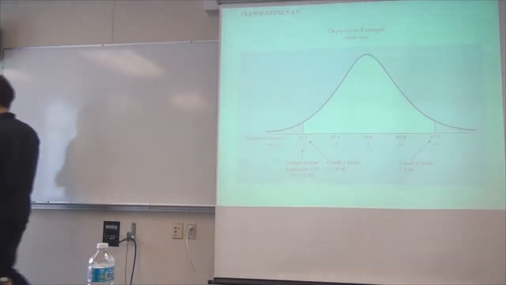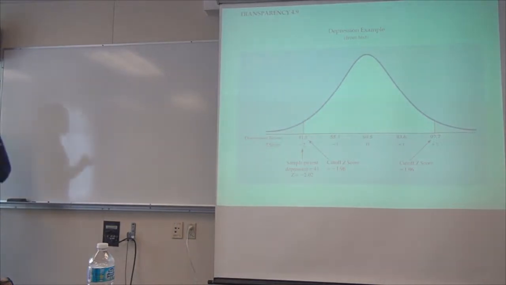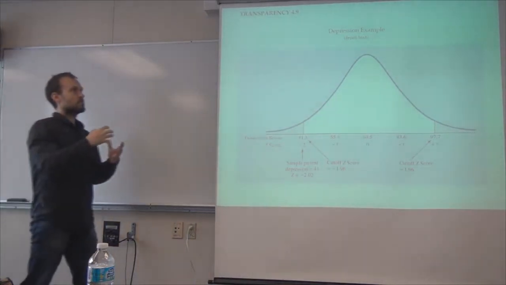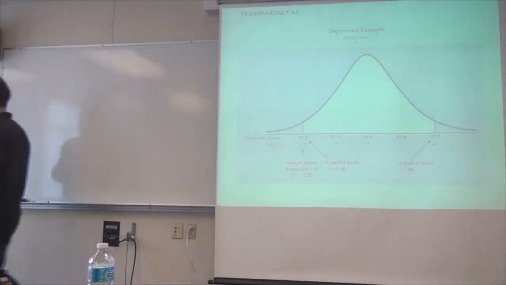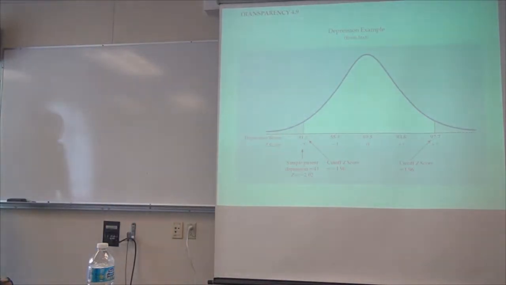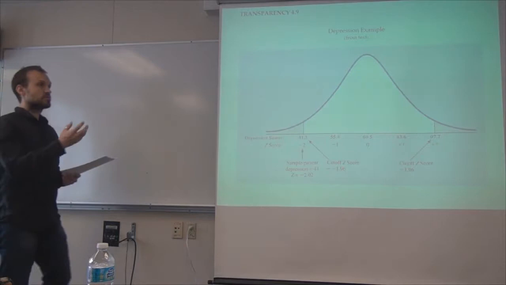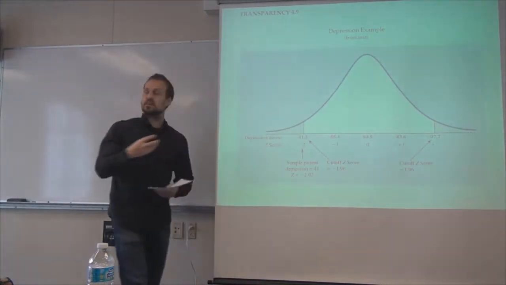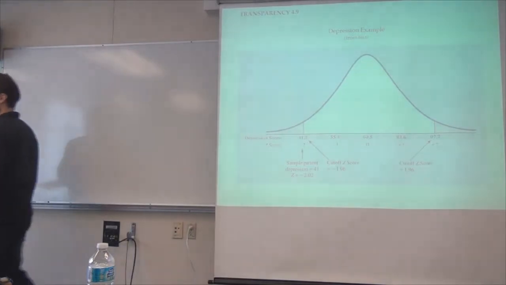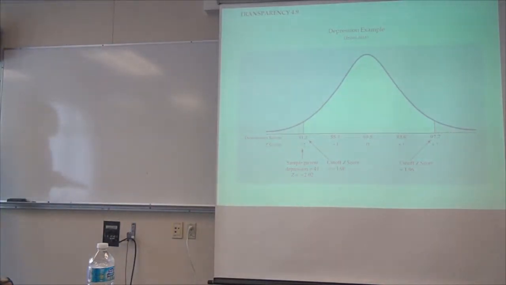Because the larger my sample, if it's selected well, the more representative it will be of the population as a whole. So comparing the sample mean with the population mean might give me stronger evidence to support my research hypothesis, whatever that may be.